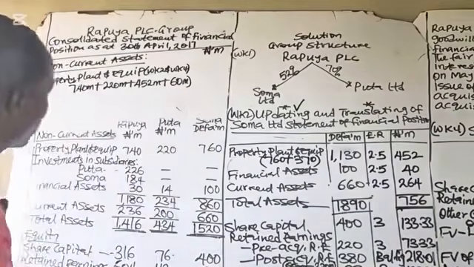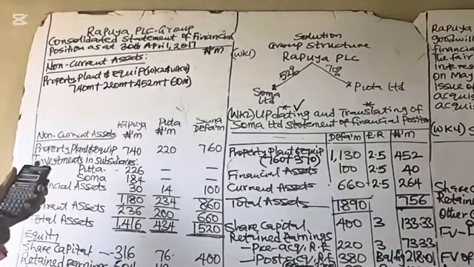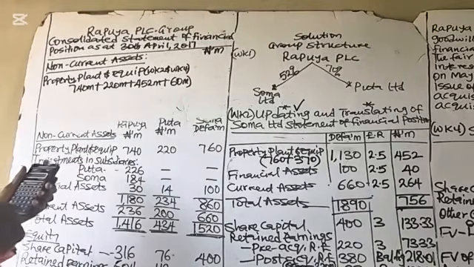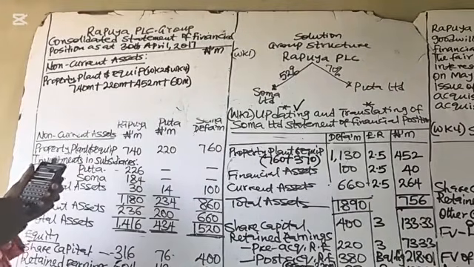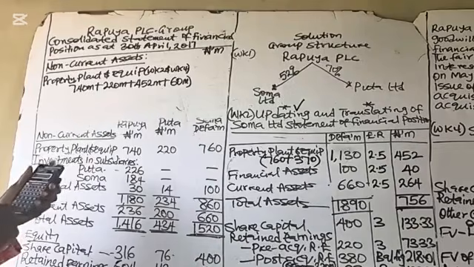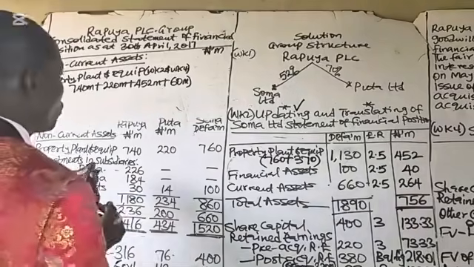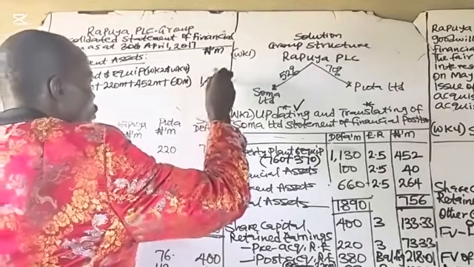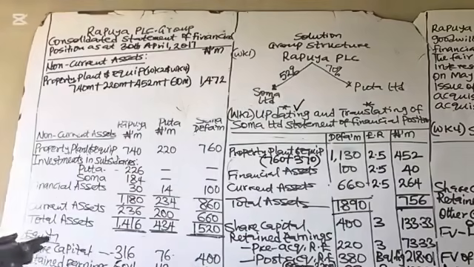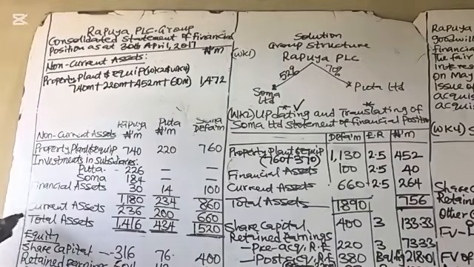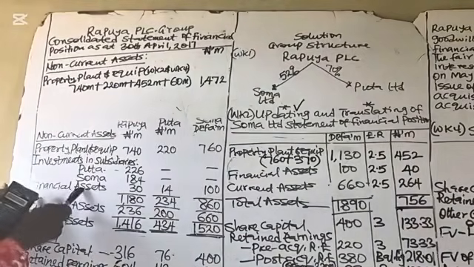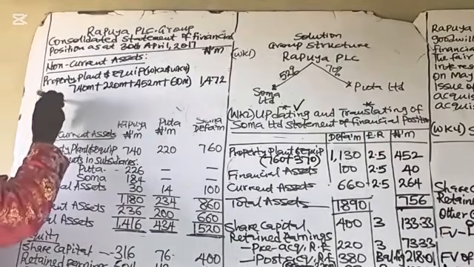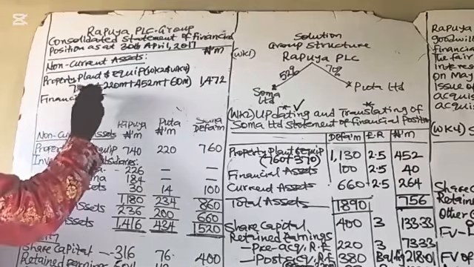And that will be totaled 740 plus 220 plus 452 plus 60. We have 1472. Then we have financial assets.